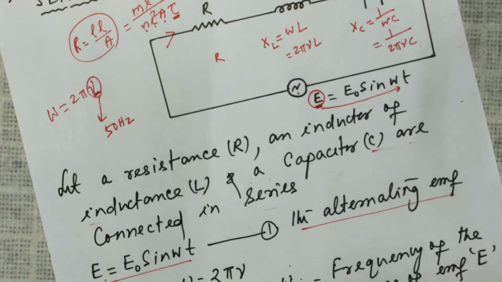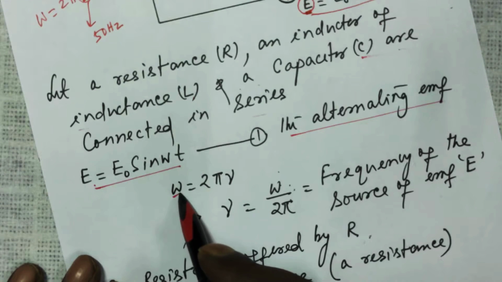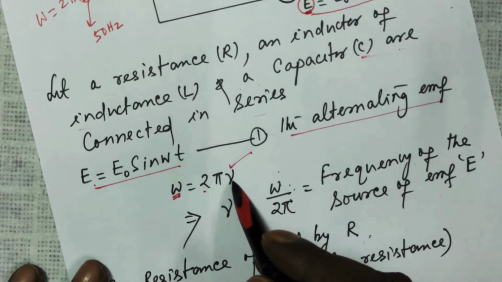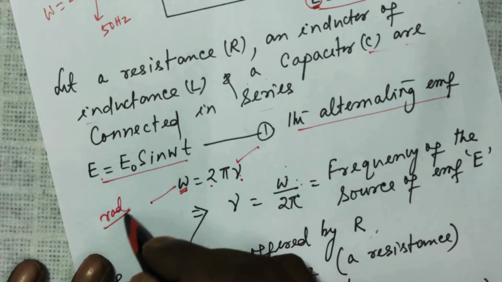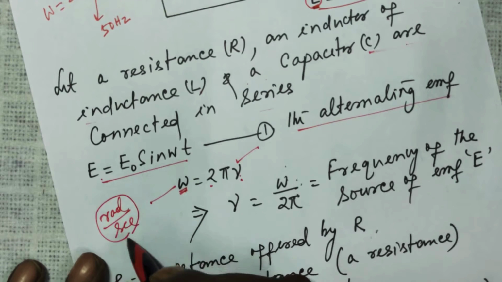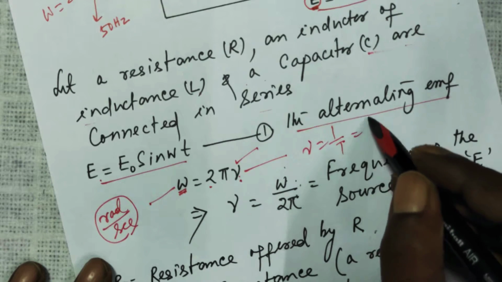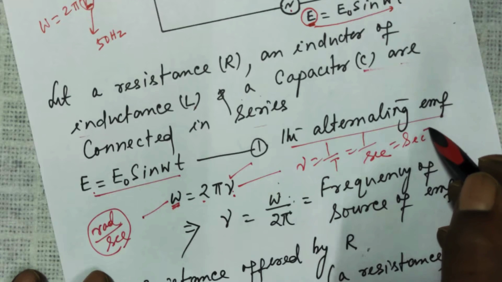All right. Now look. Angular frequency omega is 2 pi times the frequency nu. The unit of omega is radian per second, angle by time. And the unit of nu is equal to 1 by t, that is equal to 1 by second, that is equal to second inverse.